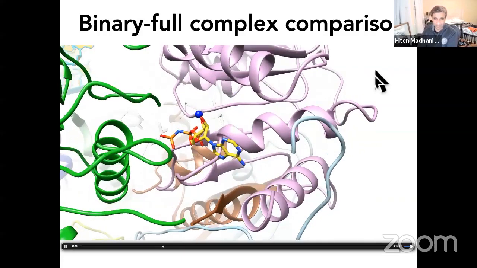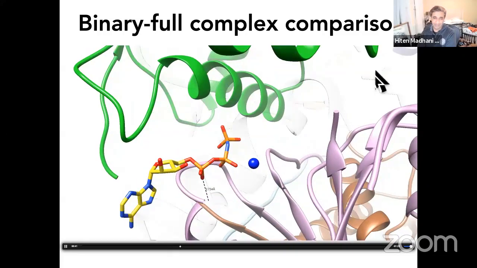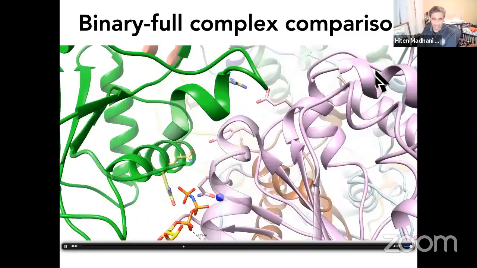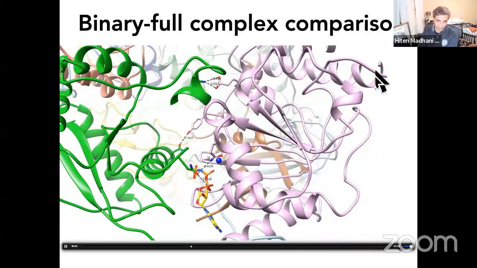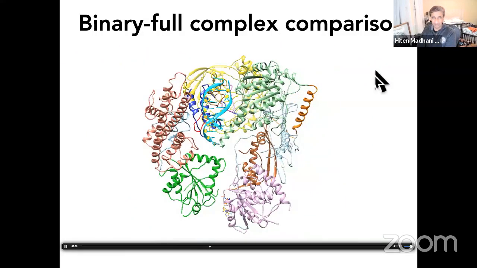So interactions with the base, the standard interactions holding magnesium and the phosphates, and also interactions from the other RecA domain, the RecA2 domain. What's interesting is then what happens when these two domains close.